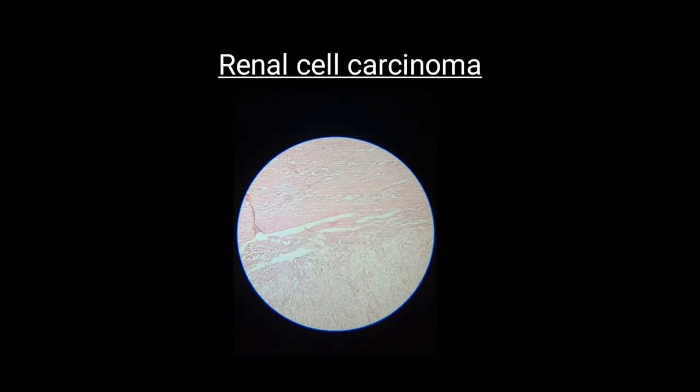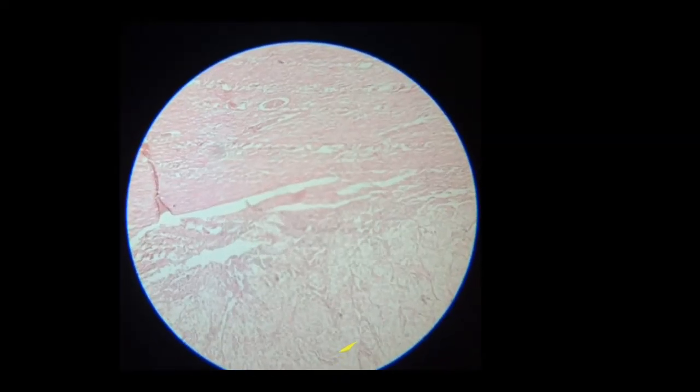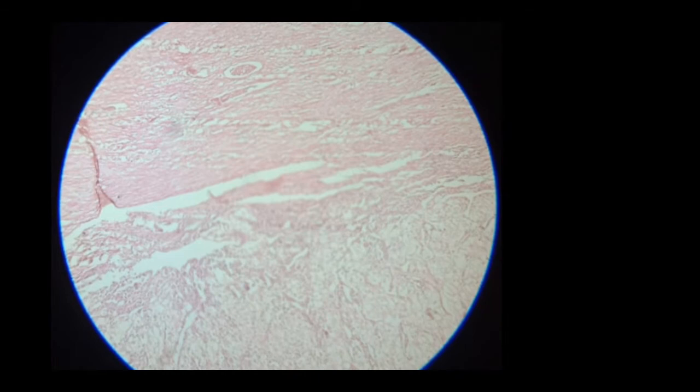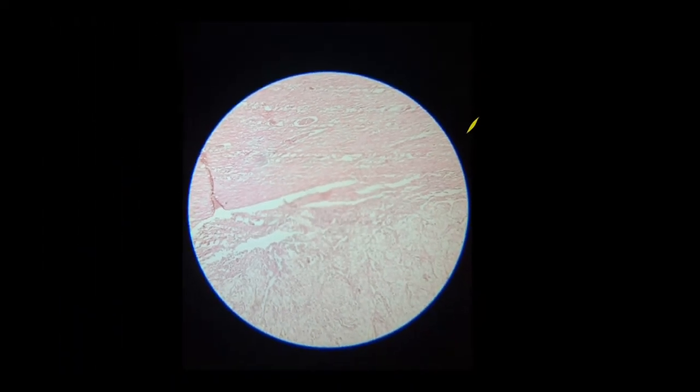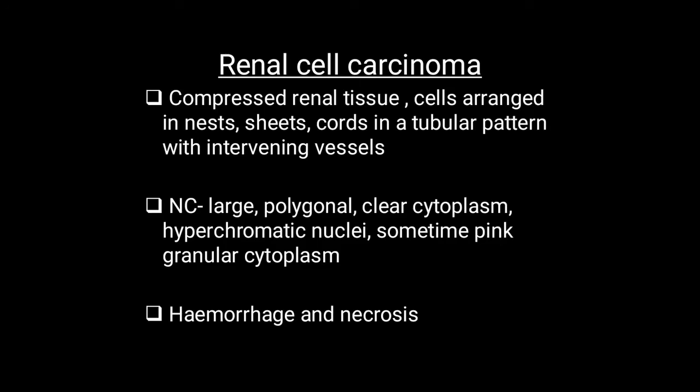The next is renal cell carcinoma. Here in this slide you can see a glomerulus and the altered microanatomy of the renal tissue due to malignant changes. The points to be noted here are compressed renal tissue, cells arranged in nests, sheets, cords in a tubular pattern with intervening vessels.